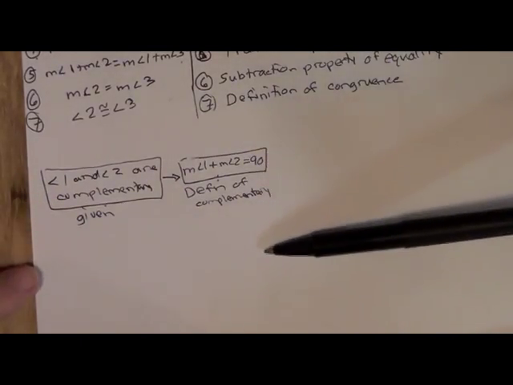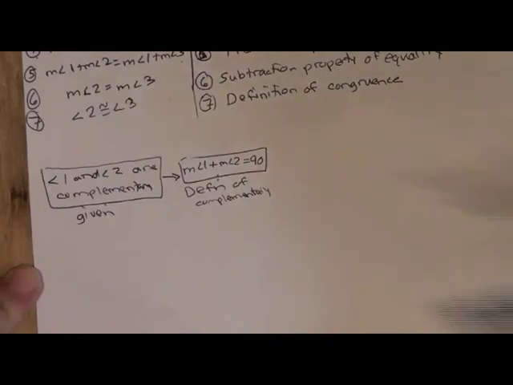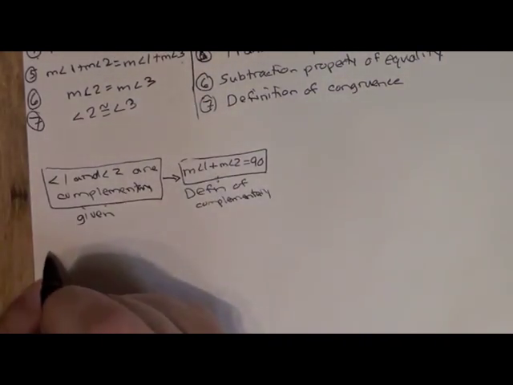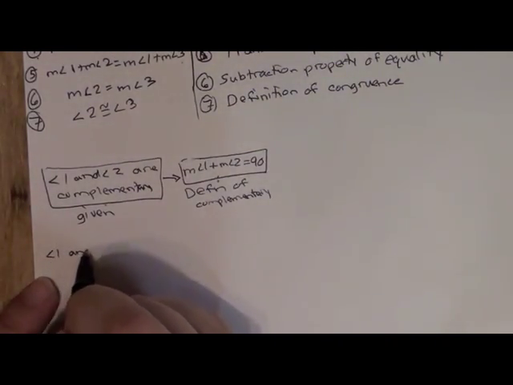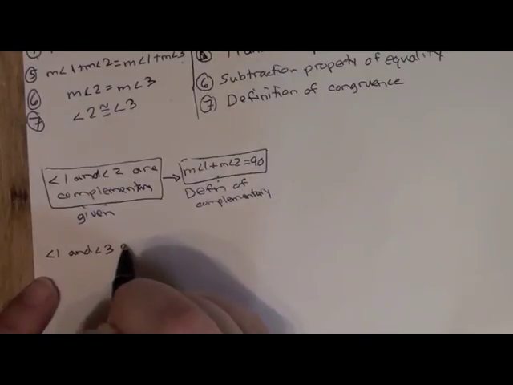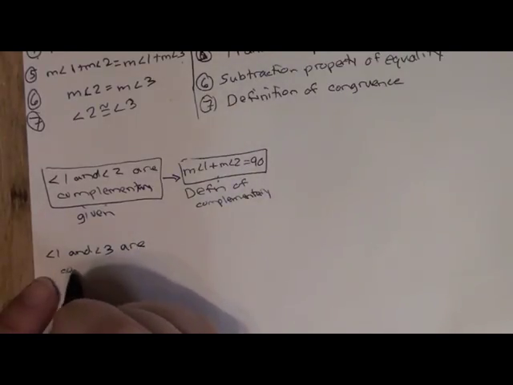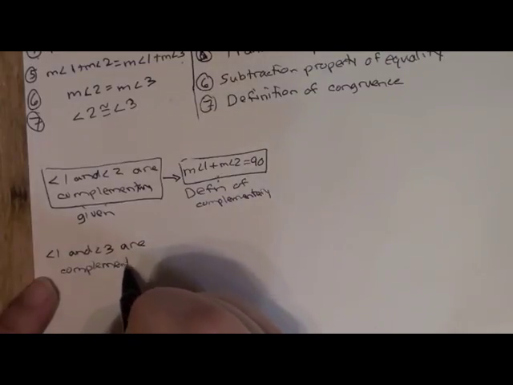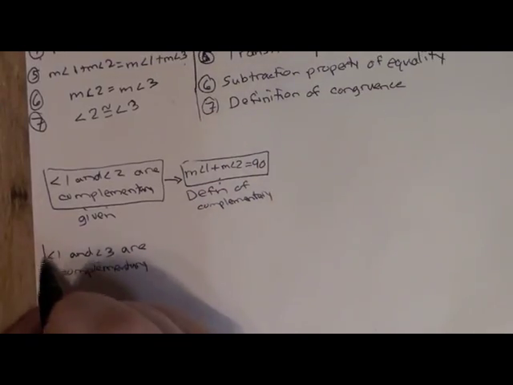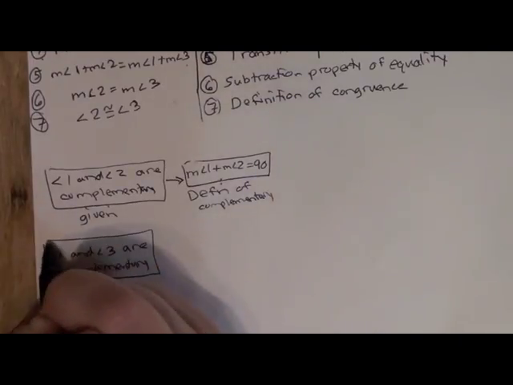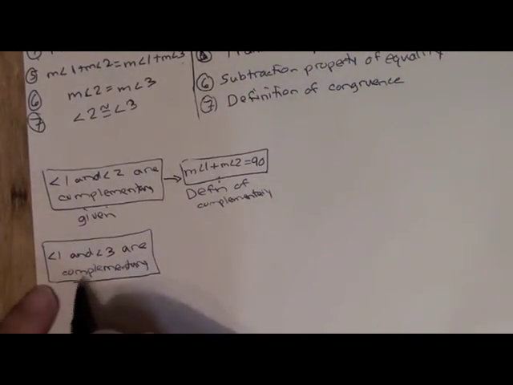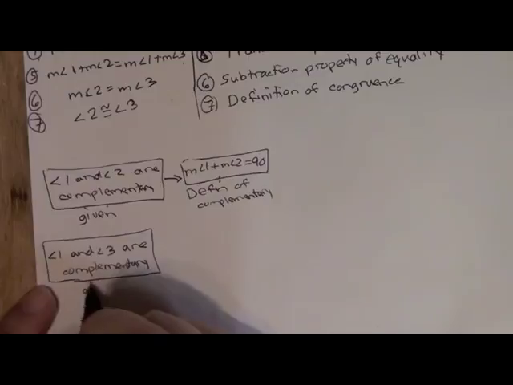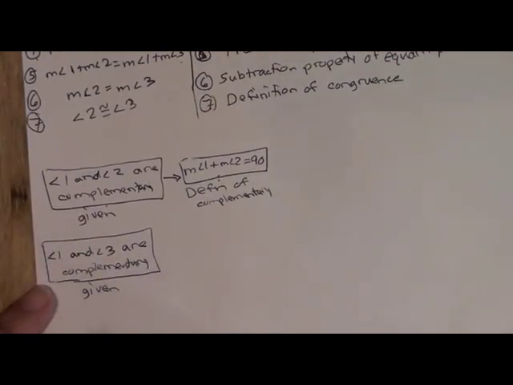Our next thought needs to go below it in a different line. So angle 1 and angle 3 are complementary. It's a different thought, so a different line. And that goes in a box. And our reason is the same reason from above, given.